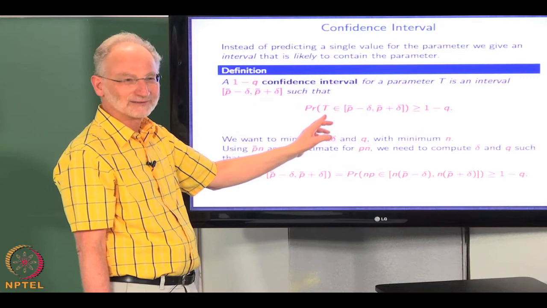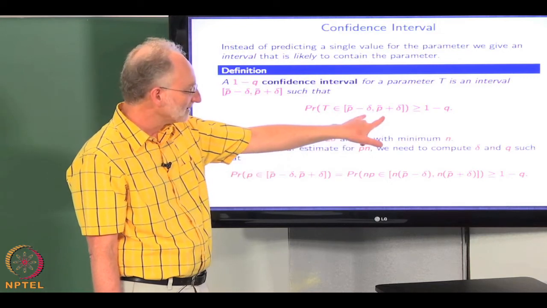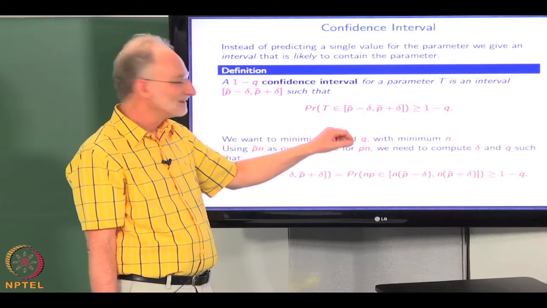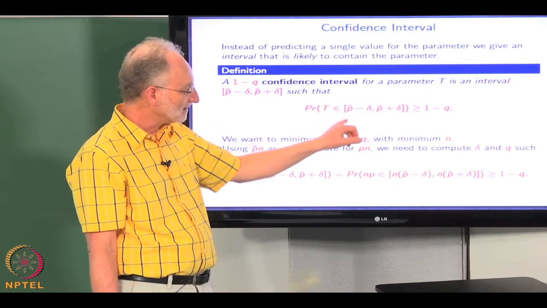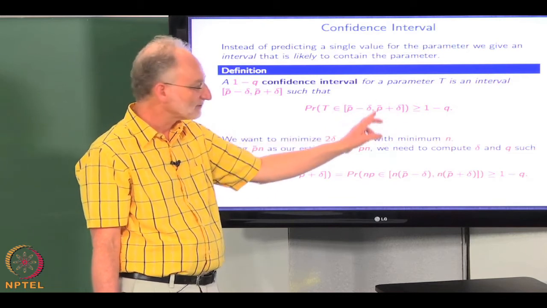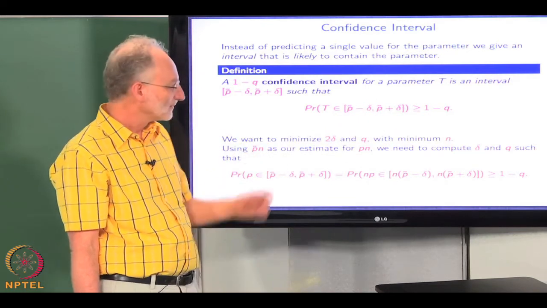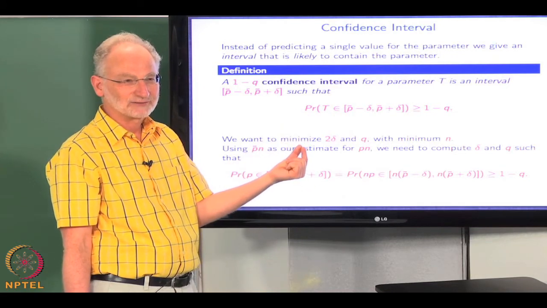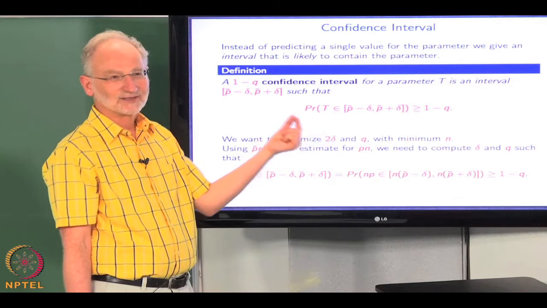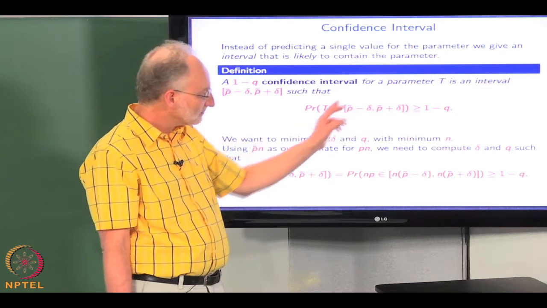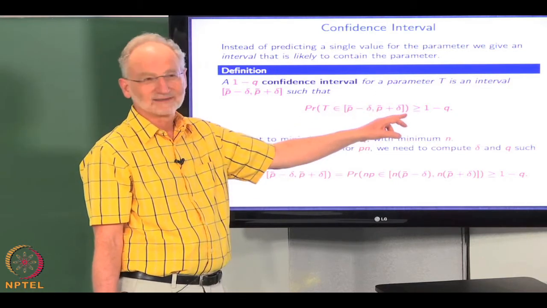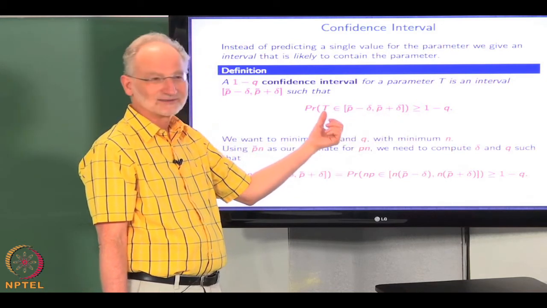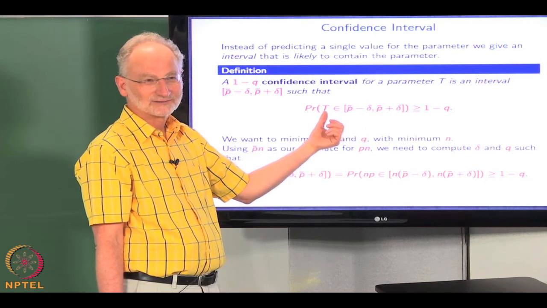The random variable is in fact the interval, because the interval is what we get from our sample. So if we got P tilde as our expectation from the sample, we go a delta plus and a delta minus, and we expect the real value to be inside this interval. This interval is the random variable; the real value is fixed in nature.